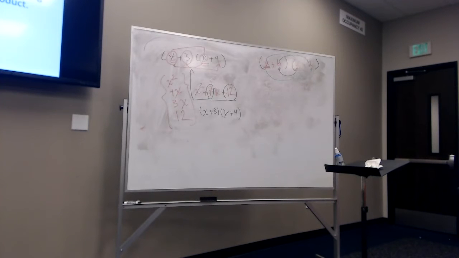Now, on the original PowerPoint, there was a mistake. I corrected it here. Please note, as you have x plus 3 times x plus 4 in parentheses, with a negative sign outside, when you multiply those things, x times x is x squared, x times 4 is 4x, then that negative sign changes those things to minus.